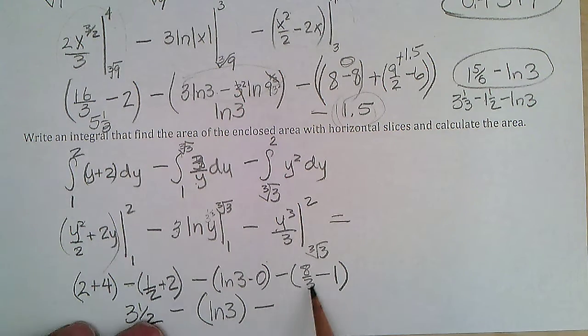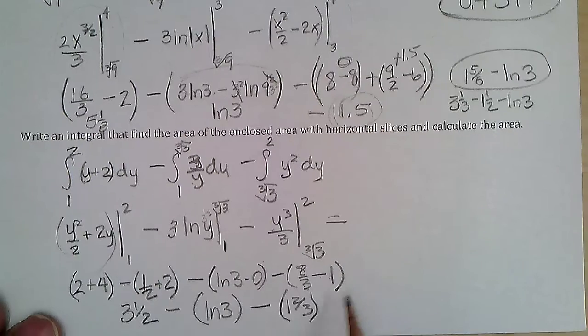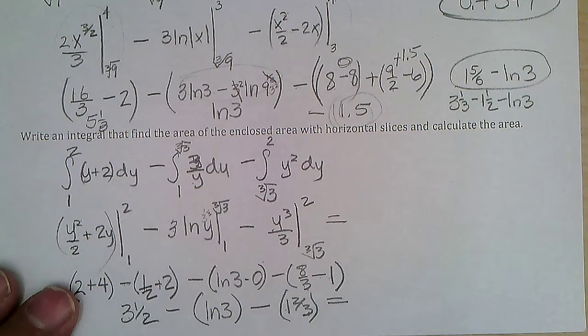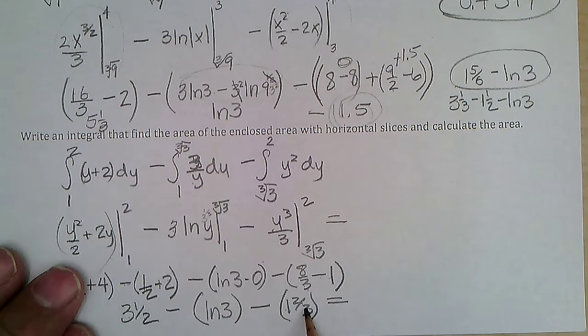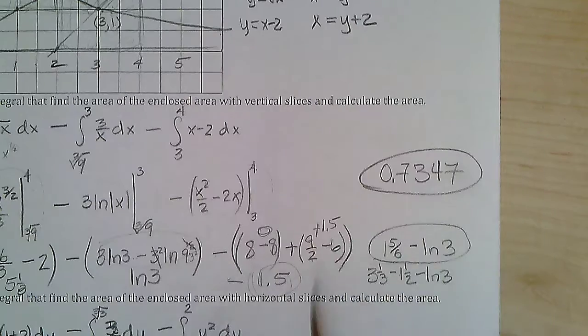And so I get 2 2/3 minus 1, which is 1 2/3. So I get 3.5 minus 1 2/3. 3 minus 1 is 2, and then we got a minus a 6, which was 1 5/6 minus ln 3, which is the same value we had before.